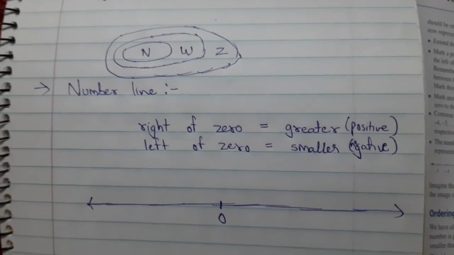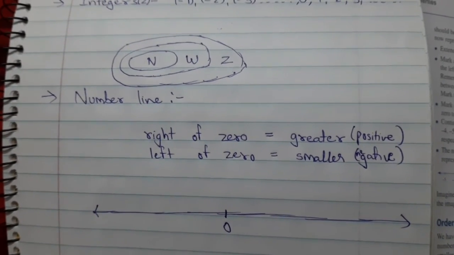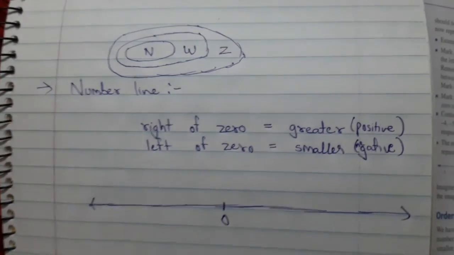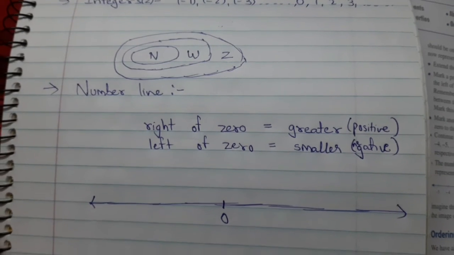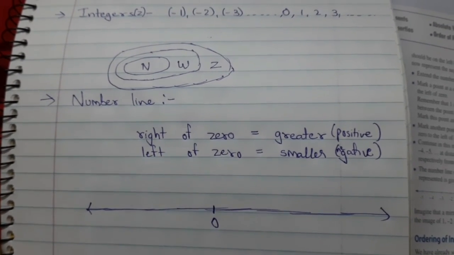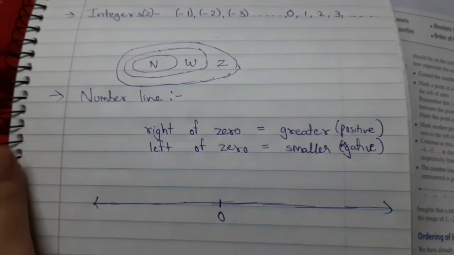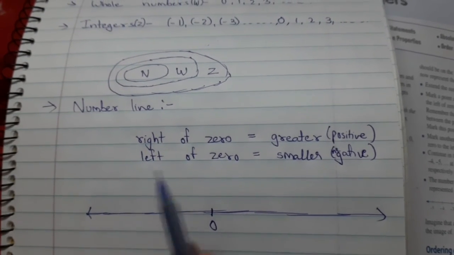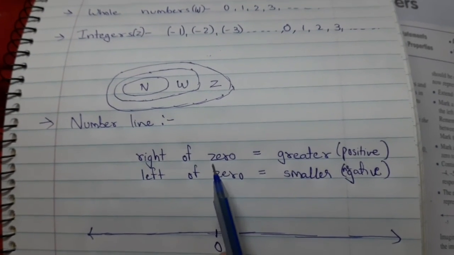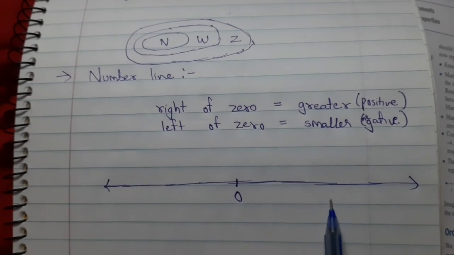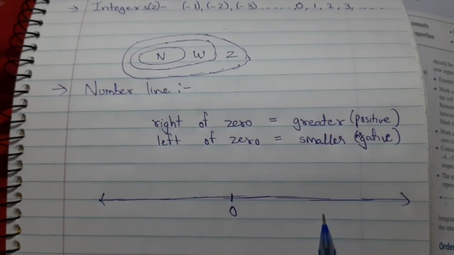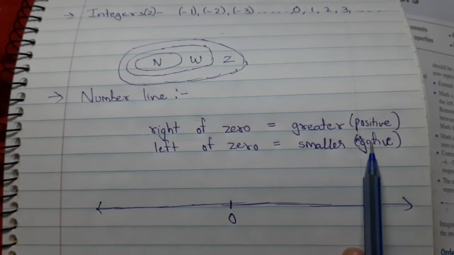Now how will you represent integers on a number line? In whole numbers we have already understood how we represent the number line. Similarly, now in integers, what are we going to do? Now see, on the right of 0, on your right-hand side there are always greater numbers.